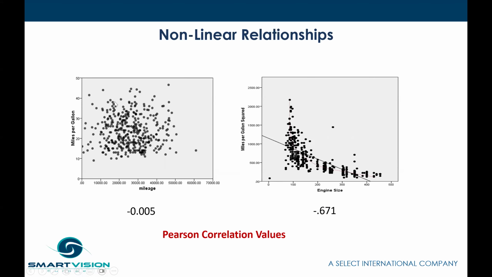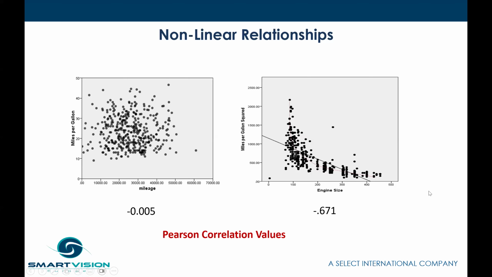And just to show you what a random non-relationship would look like, here we have mileage against miles per gallon. The correlation here is very close to 0, so this would probably be non-significant. It's just saying, yeah, there's nothing going on here. And I simply throw the last one in here as a reminder to people that correlations can't see curvy relationships.